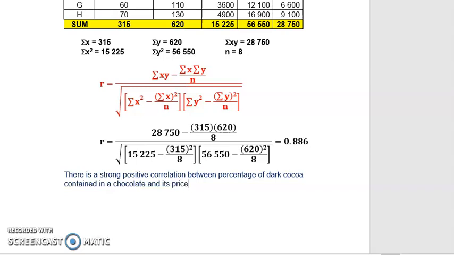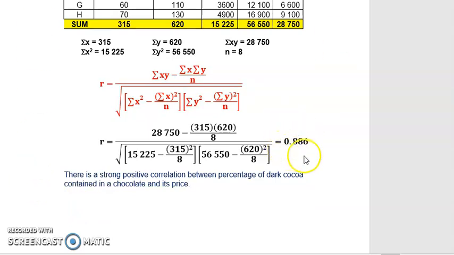That means between variable x and y. We must state the strength and the direction. So there is a strong positive correlation between the percentage of dark cocoa contained in a chocolate and its price.